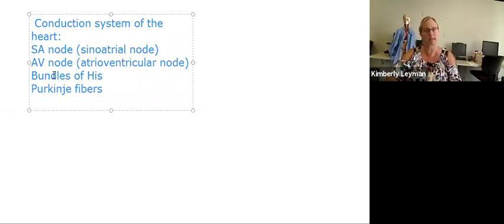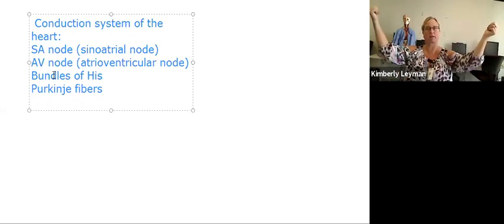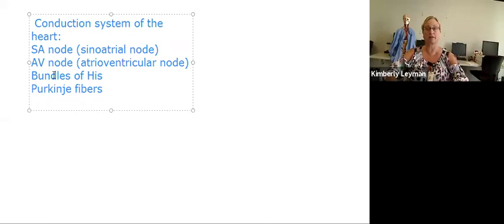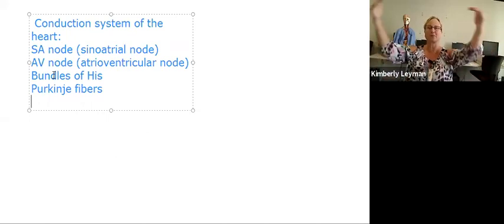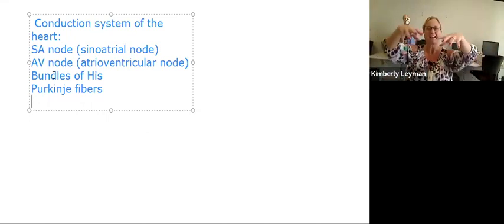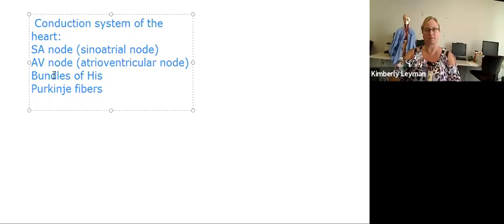Now the ventricles are getting stimulated, and both ventricles are going to contract and pump the blood out. And at the time that the ventricles are pumping the blood out is when the atria are refilling again. So now the ventricles are empty, the atria are full. They pump the blood down to the ventricles. Ventricles are full, atria are empty. The ventricles pump the blood out as the atria are filling again. And this happens over and over and over.